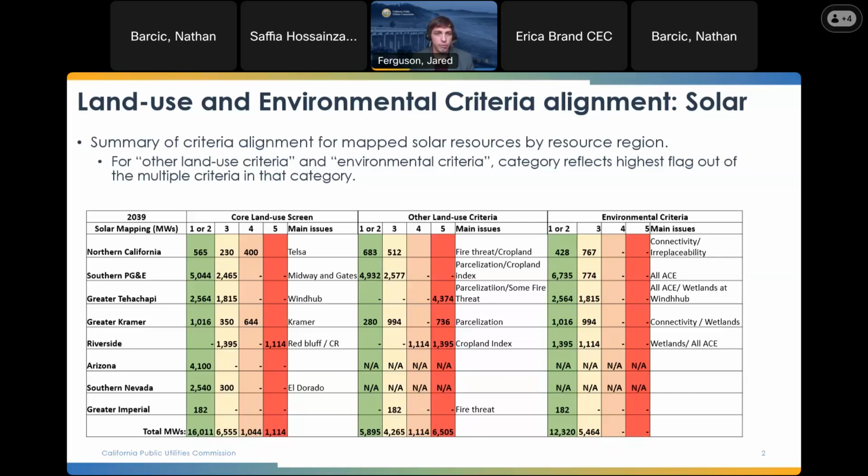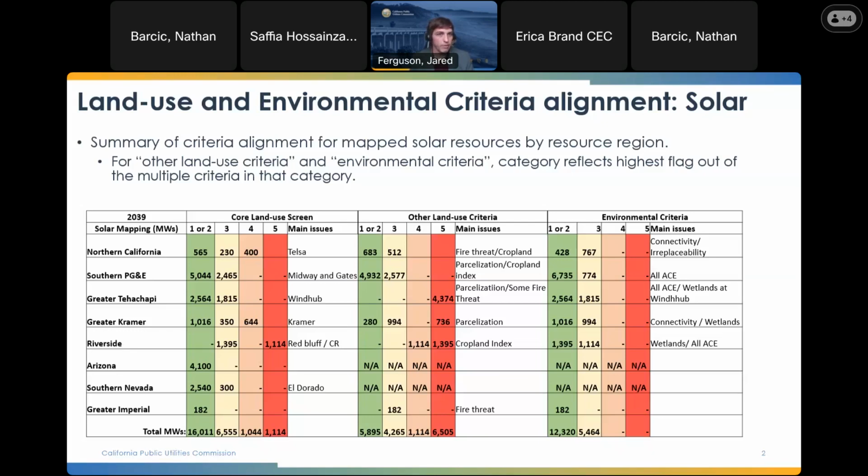So you're seeing that level 4 flag in the greater Kramer area. On the land use side, again, parcelization is the key level 5 flag for a few substations north of Lugo in the greater Kramer area. And on the environmental side, you have a few substations with level 3 flags that are predominantly driven by the ACE connectivity data set analysis.